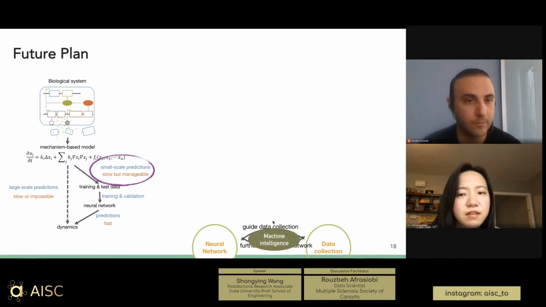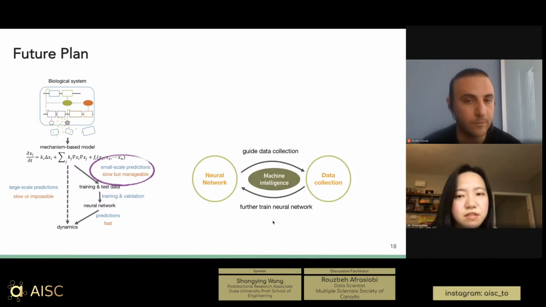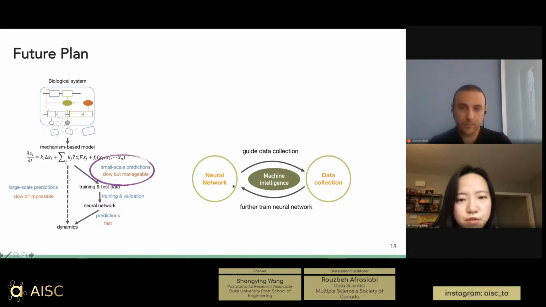Then I wanted to develop methods where the neural network and the data collection can communicate, and the data collection feeds the neural network some data, and the neural network tells the data collection in what area I need more data. So I think in a smarter way, maybe I can further reduce the data needed for this process and improve the data quality for the training.